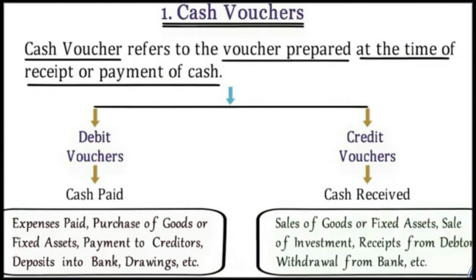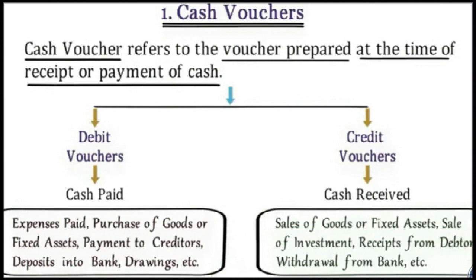A debit voucher is prepared when cash is paid. For example, expenses paid, purchases of goods or fixed assets, payment to creditors, deposits into bank, drawings, etc. are examples of cash paid. When we pay expenses, cash is paid. When we purchase goods, cash is paid.